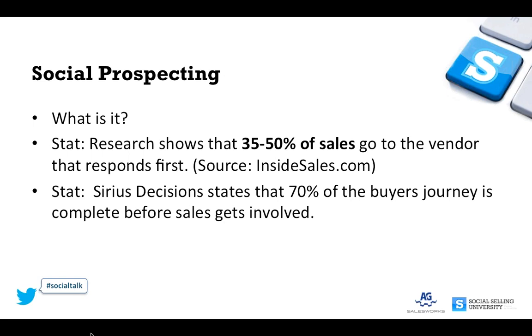It shows that 35 to 50% of sales go to the vendor that responds first. The only way to get that is by monitoring this and, like I said before, listening. Correct. You've got to monitor it, listen to what's being said out there, and then engage. If you're one of the first to engage, your chances of closing a deal or getting a sale go up exponentially.